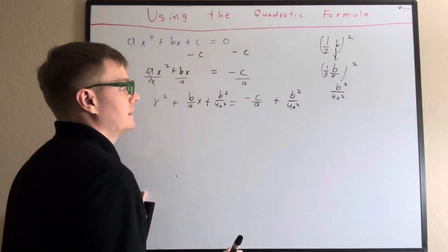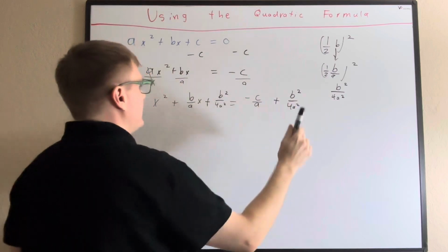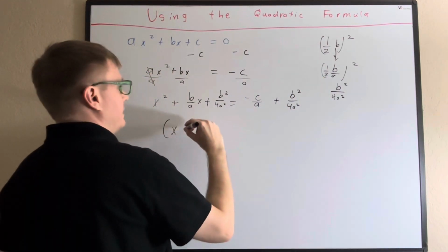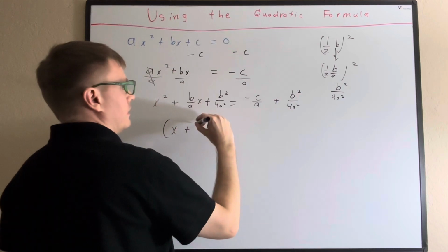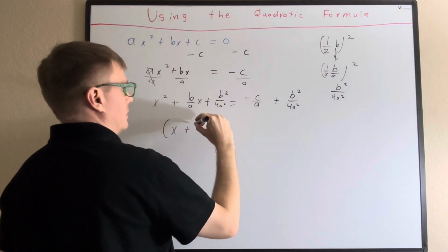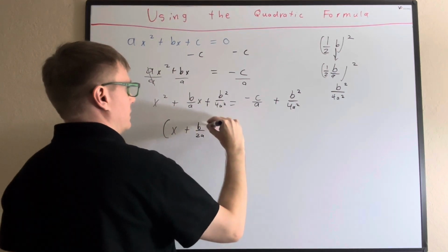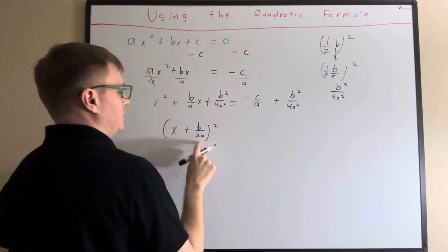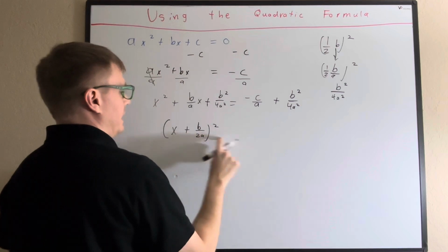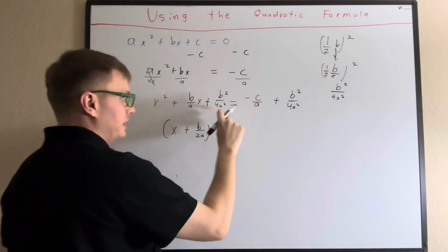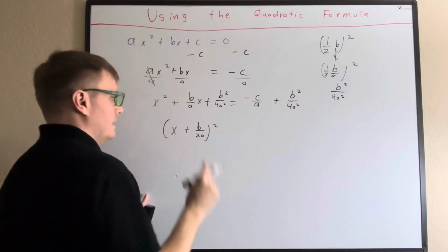All right, what's the next step? We take that 1/2 B that we had and we factor this out. B over 2A. X plus B over 2A times X plus B over 2A is indeed X squared plus B over A X plus B squared over 4A squared.